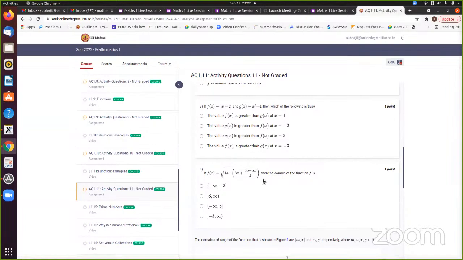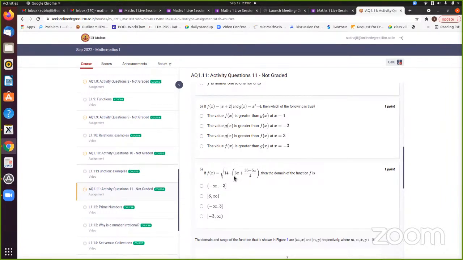I am giving you a hint: whatever is inside a square root should be greater than or equal to 0. And if there is a denominator containing x, that denominator cannot be 0, but here there is no such thing. So you only have to take what is inside the square root, make it greater than or equal to 0 and solve for x. You can solve inequalities, right?